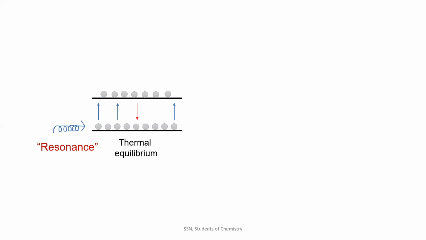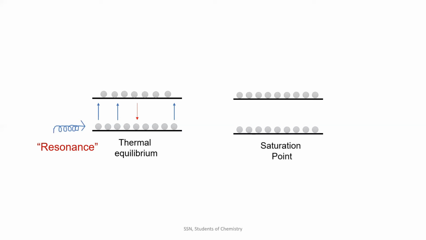If this continues, at a particular time we will get a saturation point, in which the lower and higher energy levels become equal. At this saturation point, the transition from lower to higher energy and from higher to lower energy is equal, and hence they are negligible. In other terms, no particles are excited from lower to higher energy or higher to lower energy. Then we may not see any signal in the NMR spectrum.